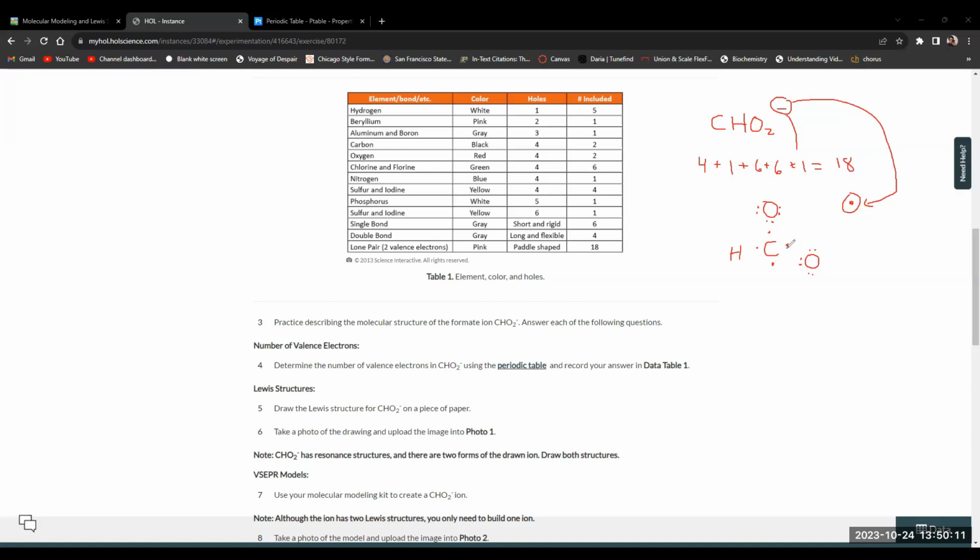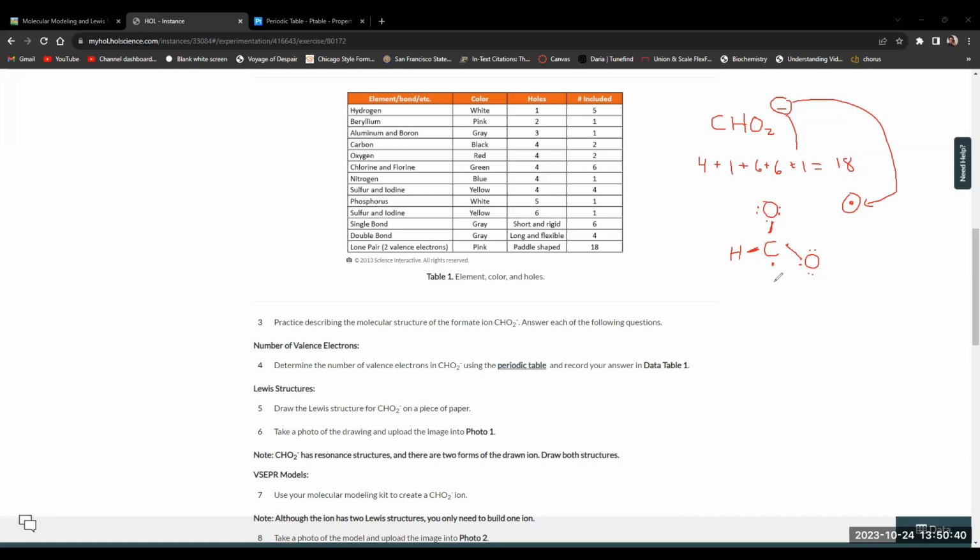So let's create bonds here. One here, and then we'll do one here. So no one's octet is satisfied here. So let's try to work a double bond somewhere.